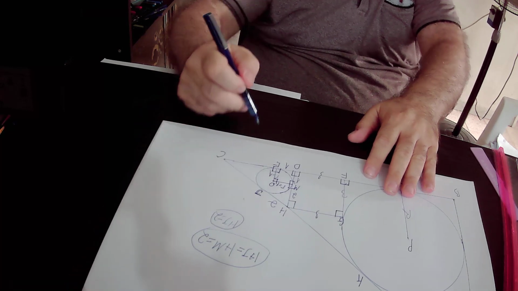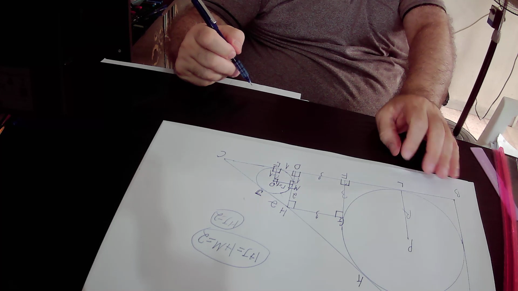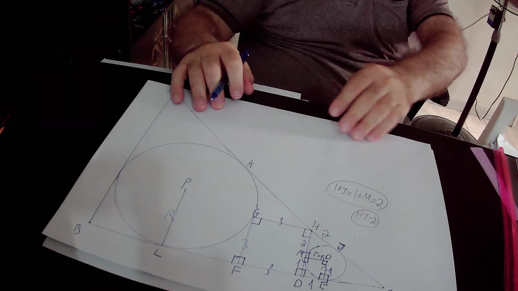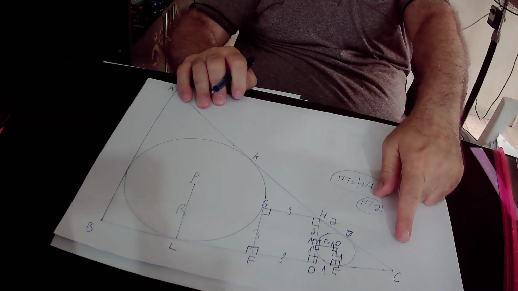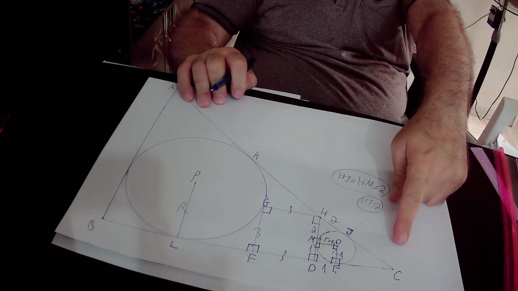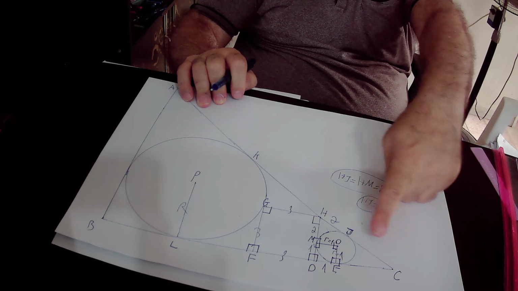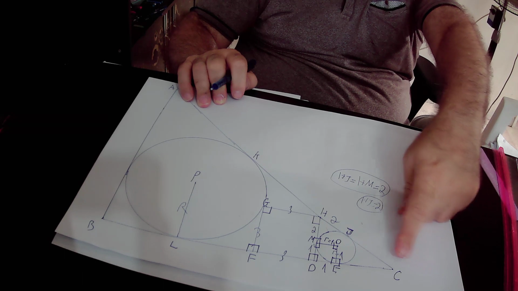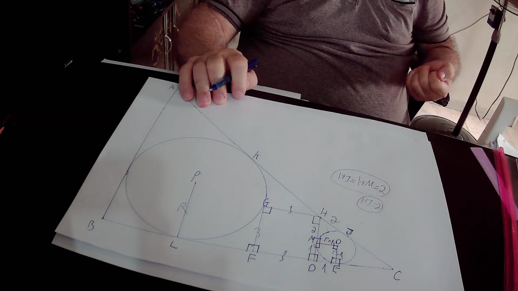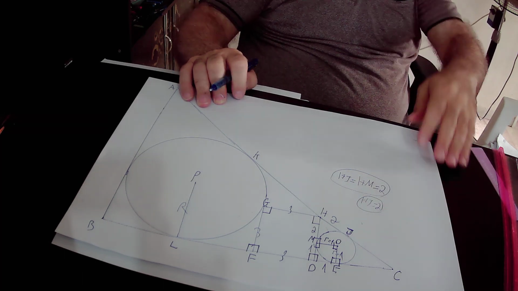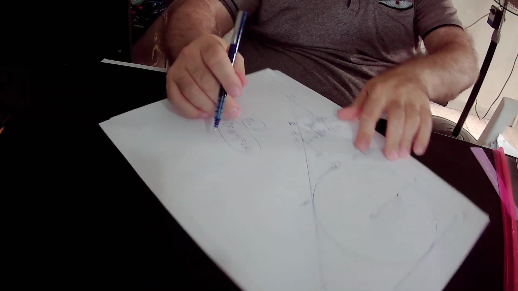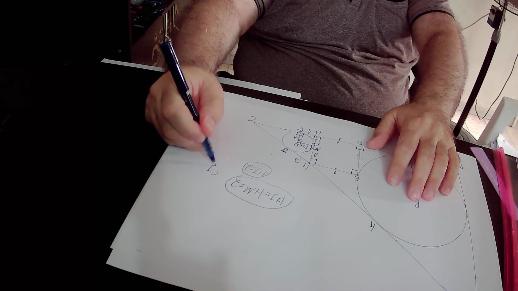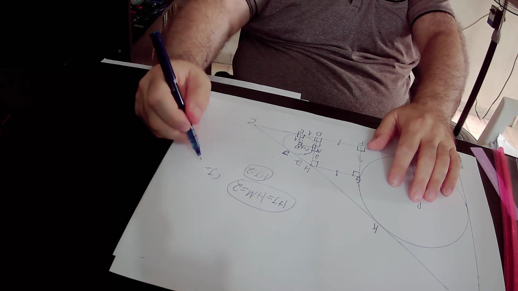Likewise, we'll focus on the common external point, point C. From the common external point, point C, we have two tangents to the small circle, tangent CJ and tangent CE. And according to rule number 2, they are equal to each other. So CJ is equal to EC.